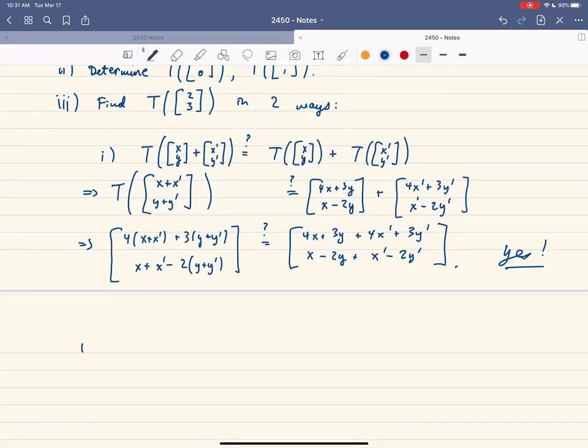And so then what we're going to do next is look at T of c times some vector. We just established that this linear transformation is additive. Now we need to check whether or not it's homogeneous.